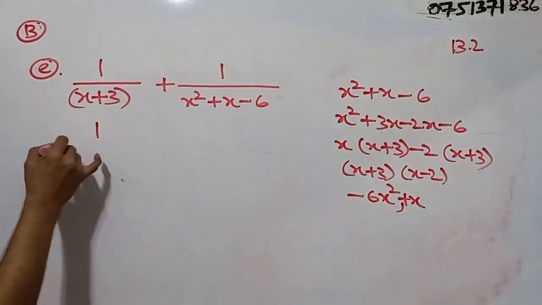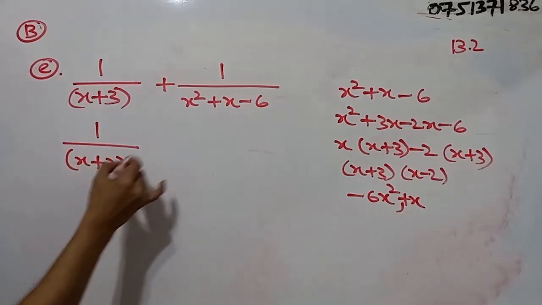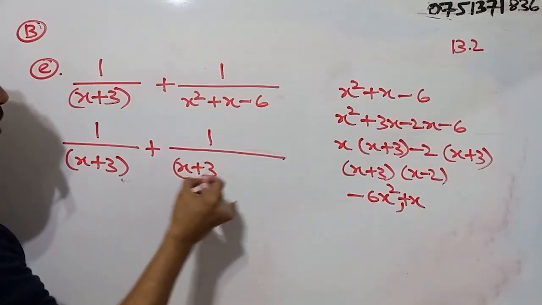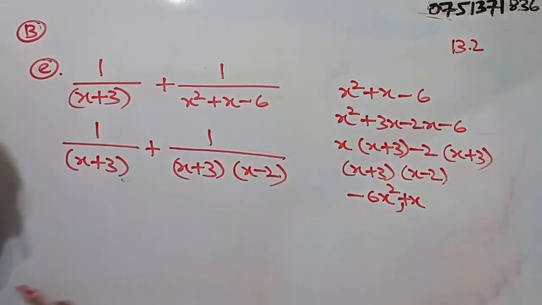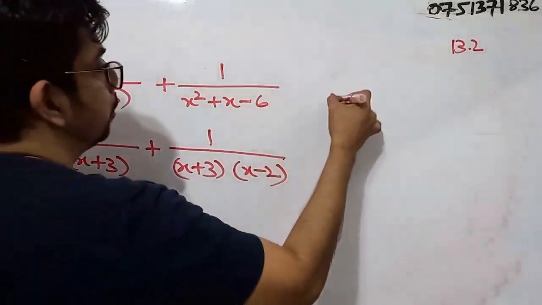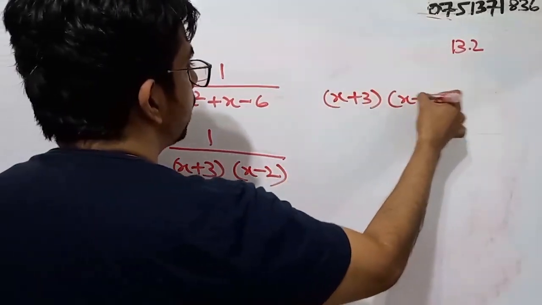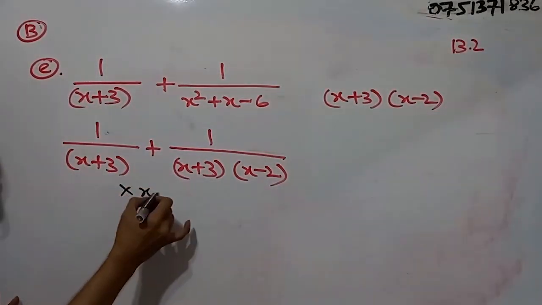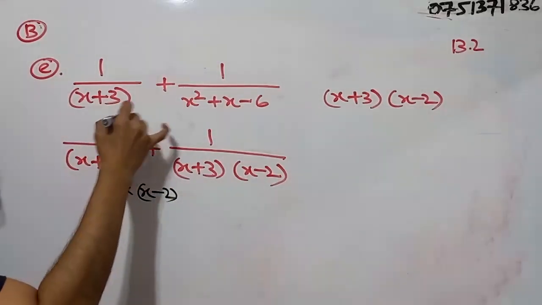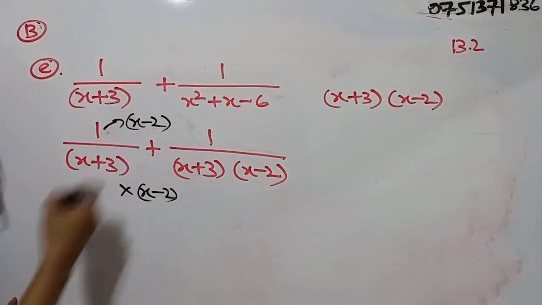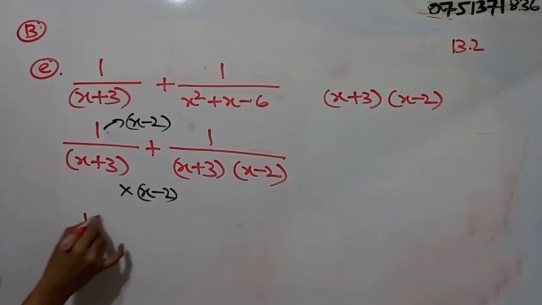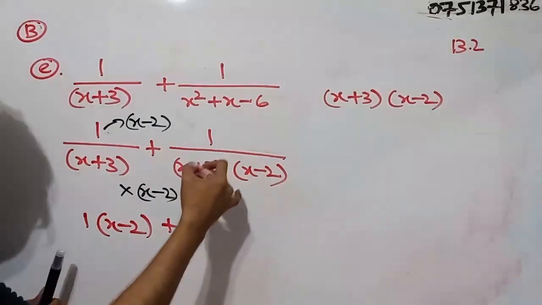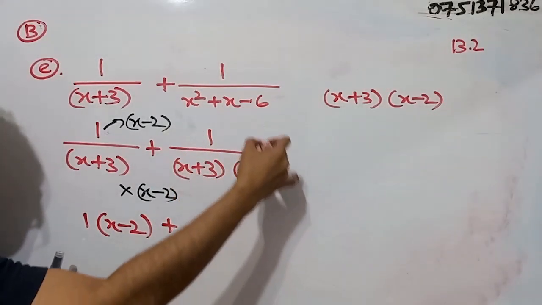Okay, so I can write 1 by x plus 3 plus 1 by x plus 3 into x minus 2. So here what should be the LCM? X plus 3 into x minus 2. As you can see, x plus 3 needs to be multiplied by x minus 2. That means number 1 must be multiplied by x minus 2 as well. So we will write 1 within brackets x minus 2 plus, so here we have the LCM, so we don't have to do any changes to this fraction.